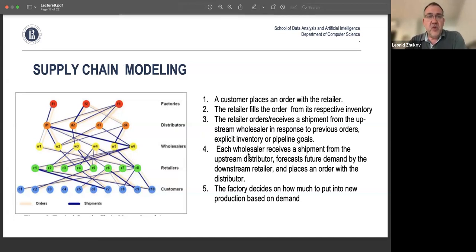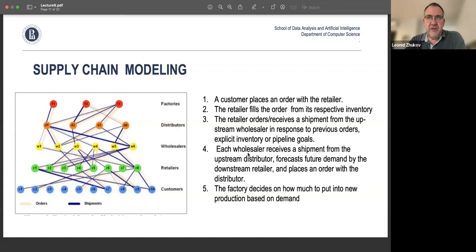But most likely you'll be focusing on simulating, for example, supply chains. And within the supply chains, there are different parts that you typically take into account, right? Let's go along the value chain. We start with the factories where things are produced, through distributors, to the wholesalers, to the retailers, to customers.